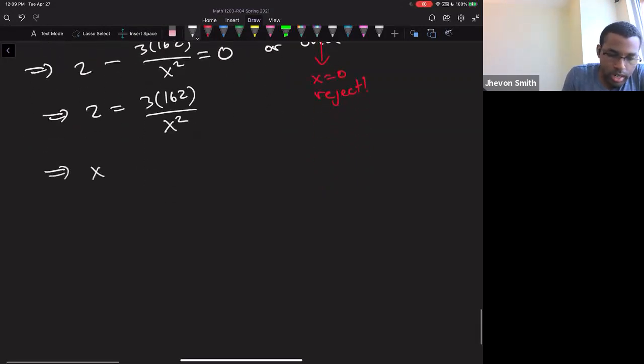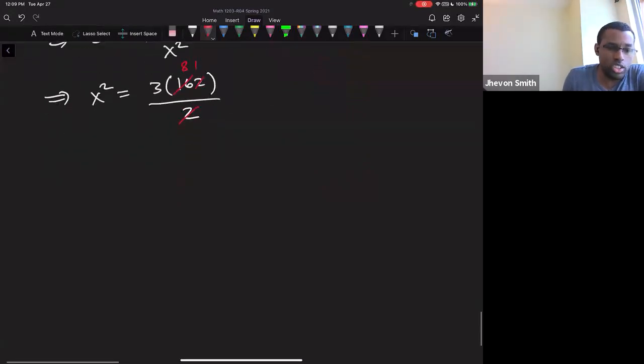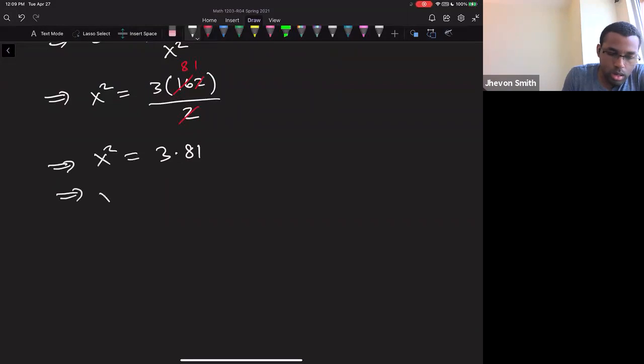This means that your x squared would be 3 times 162 over 2. 2 goes into 16 8 times. 2 goes into 2 1 time. So it's just 3 times 81, which we know is 9 squared. So x is going to be plus or minus the square root of 3 times 81.